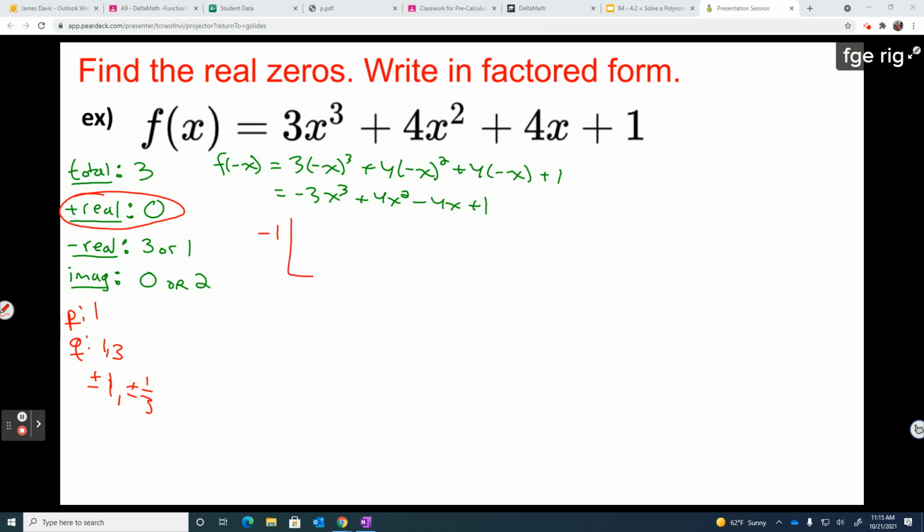Let's do synthetic division, -1. So we get 3, 4, 4, 1. And let's go ahead and do that. 3, -3, 3.